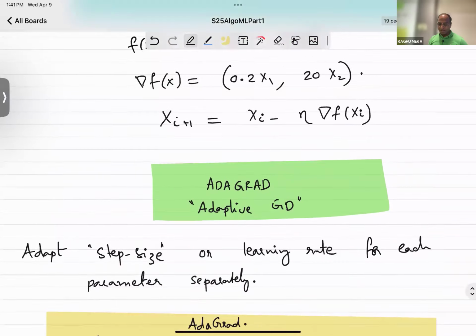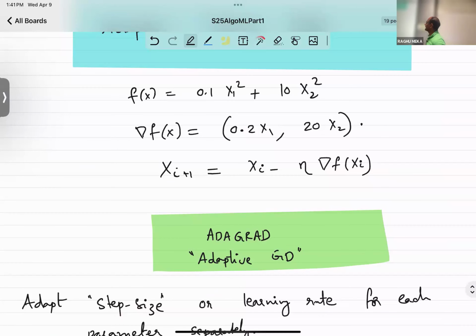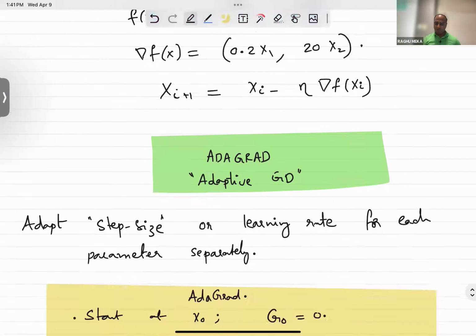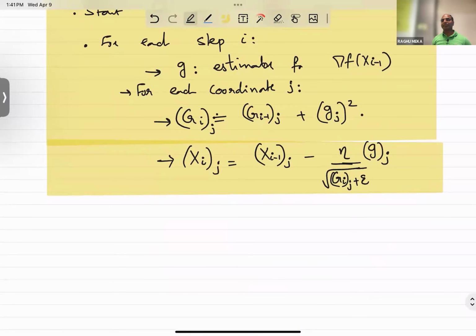If I apply it, for example, to this function, in the second coordinate the square is growing 400 times compared to here. So over time, the step size for the second coordinate would decay much faster than the first one. So you're taking bigger steps in the first coordinate compared to the second. Qualitatively, it is doing what we want it to do, and it turns out this gives us the right behavior.